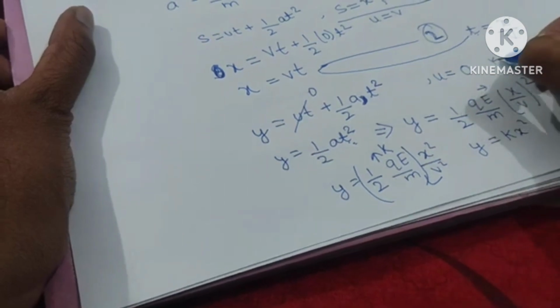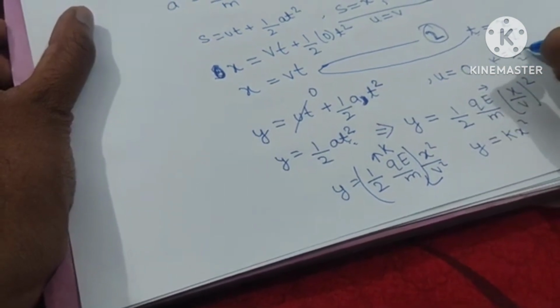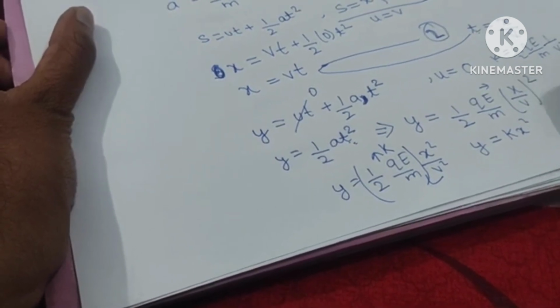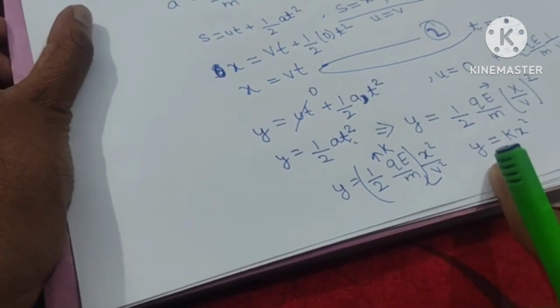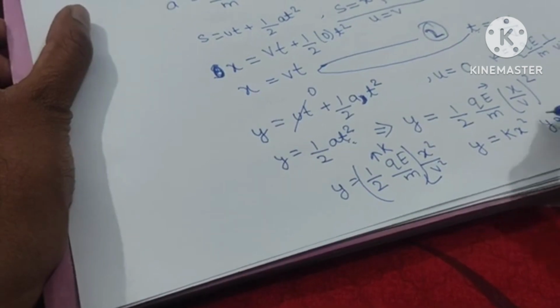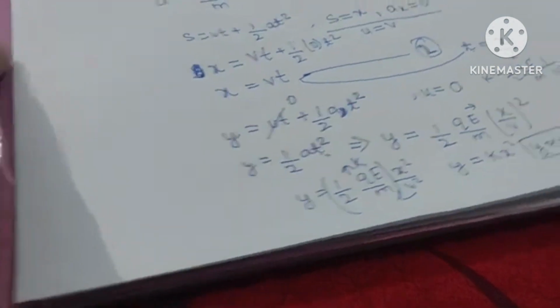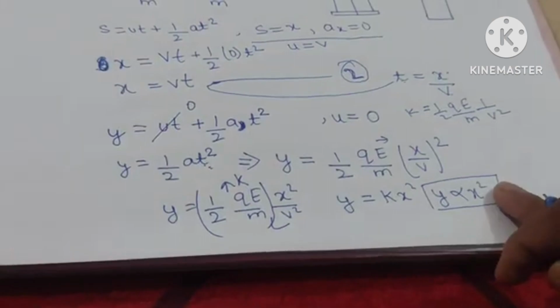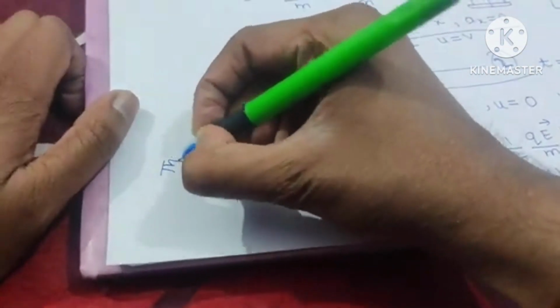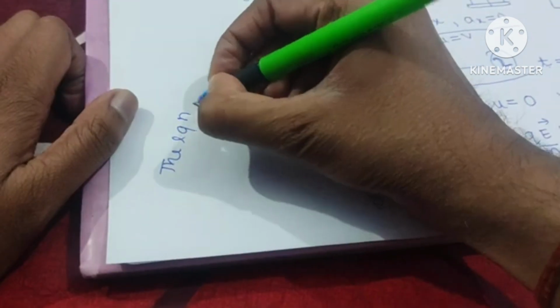So y equals k x squared. That means y is proportional to x squared. If y is proportional to x squared, the given equation is a parabola.